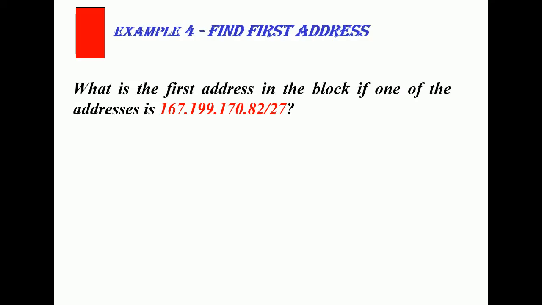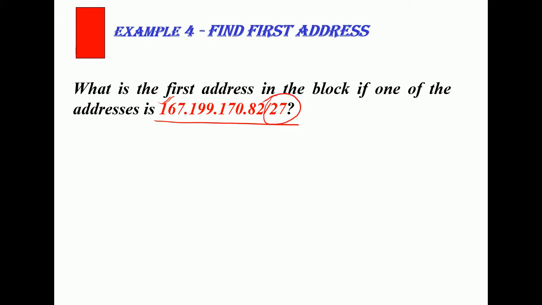Now the first question: a random address is given and you have to find out the first address in the block. You have to find the first address of a block, and this particular address given here belongs to that block. Obviously it's a classless addressing case with CIDR notation.